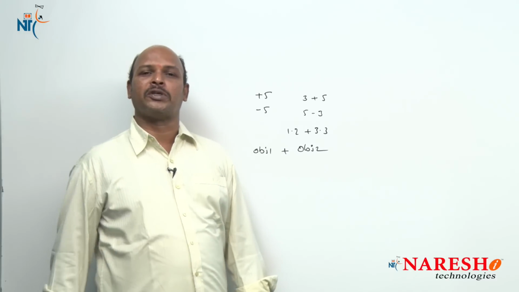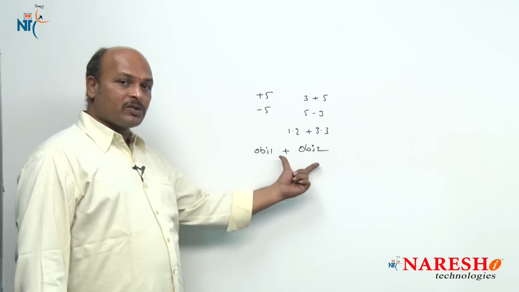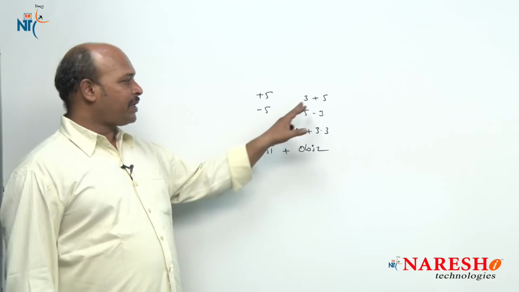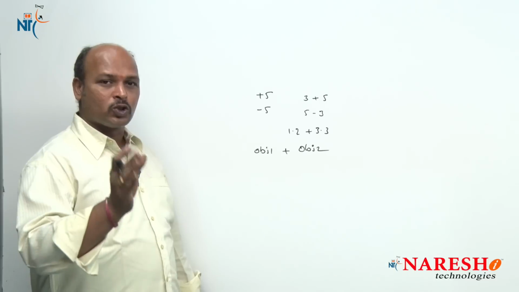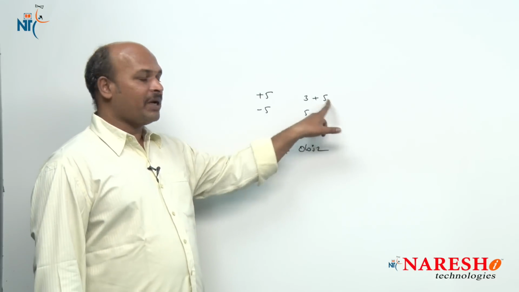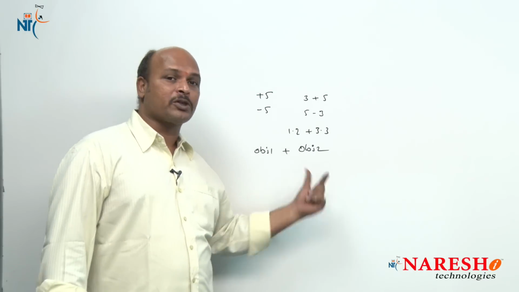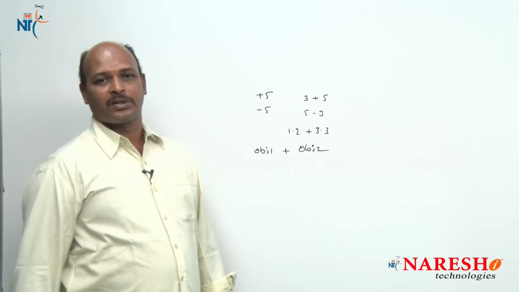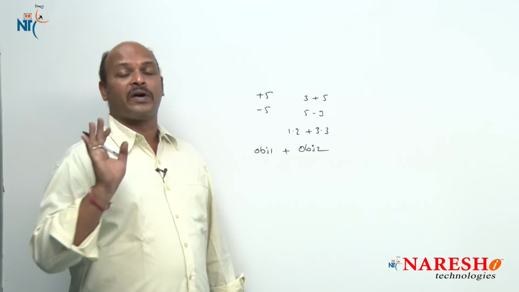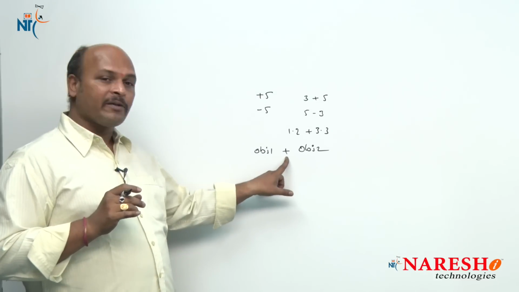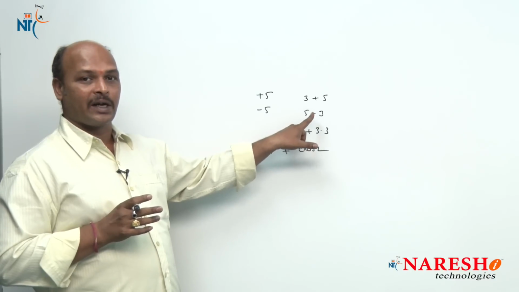Your system is going to return an error here, because the basic operators are designed to work with basic data types only, meaning predefined data types. But object 1 and object 2 are user defined data types, and the operator never works on them.